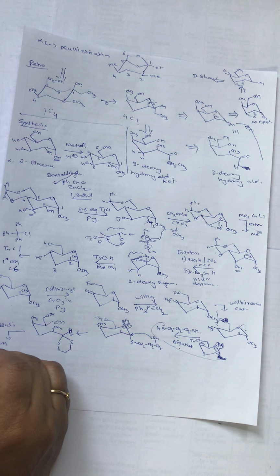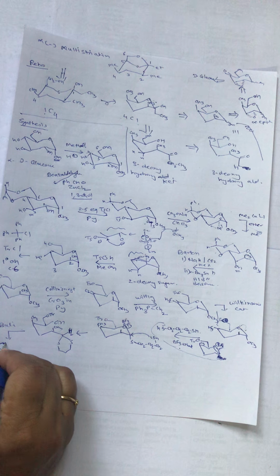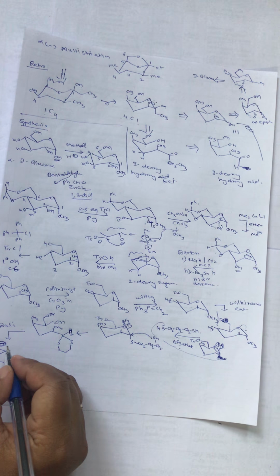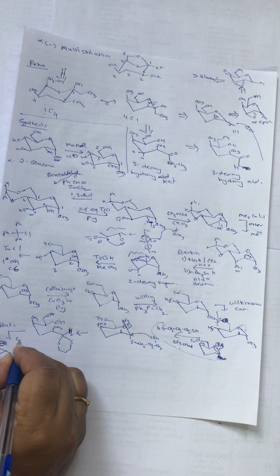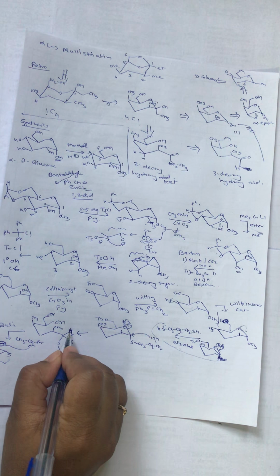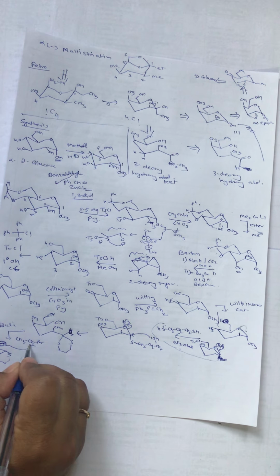Of course, this H which was there will form a negative charge. This negatively charged species we will treat with the CH3CH2Br. It will attack on this. So what we are going to do now is we are going to replace this H with the CH3CH2 group.